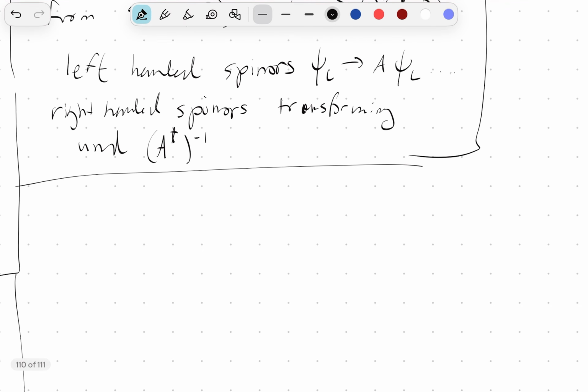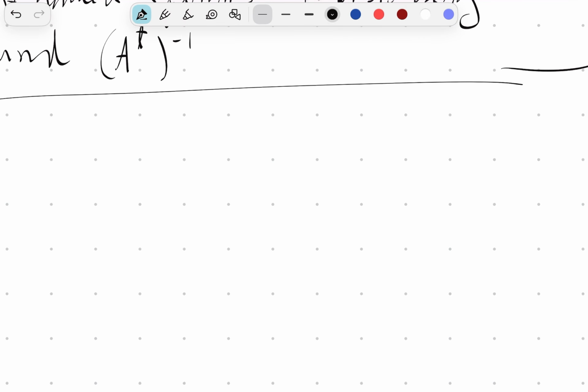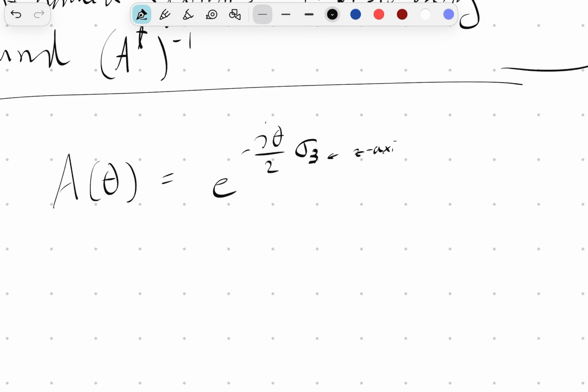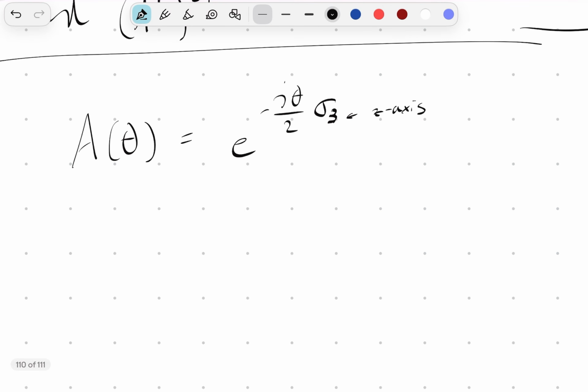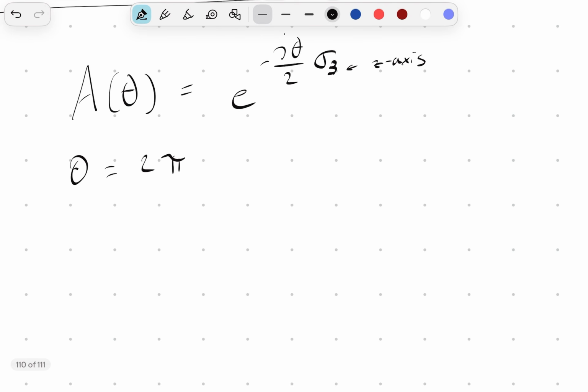Now a pure rotation about an angle. Let's take a pure rotation to be the exponential of i theta over 2 times the third Pauli matrix, about the z-axis. And for the spinor representation, let's say we want to do a 2 pi rotation, so A of 2 pi.